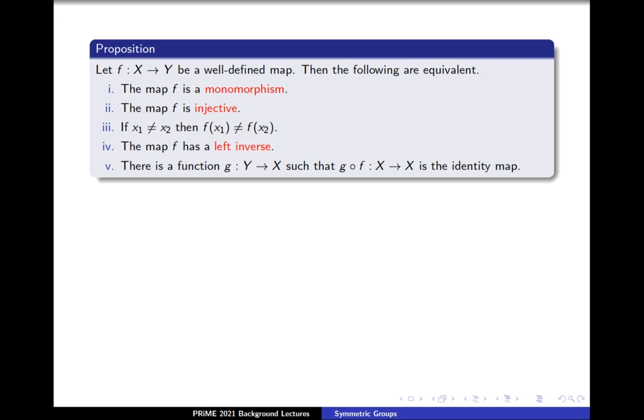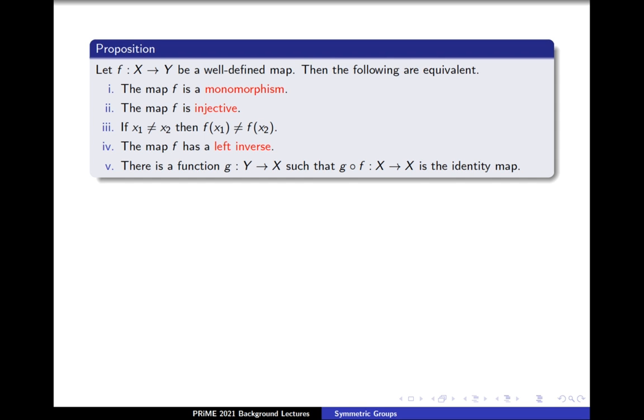Consider the following proposition. Let f from X to Y be a well-defined map. Then the following are equivalent. First, the map f is a monomorphism. We could also say that the map f is injective.